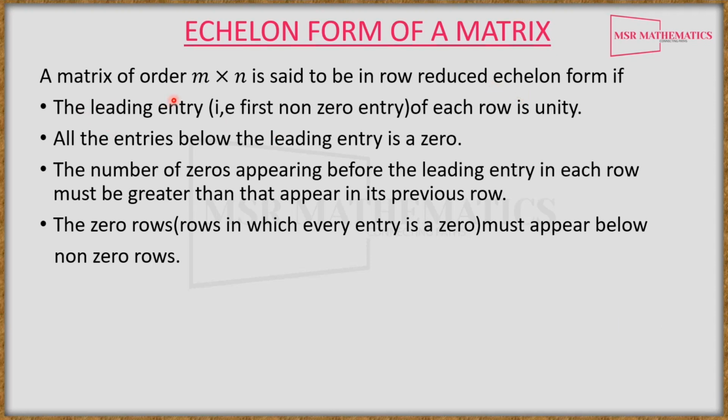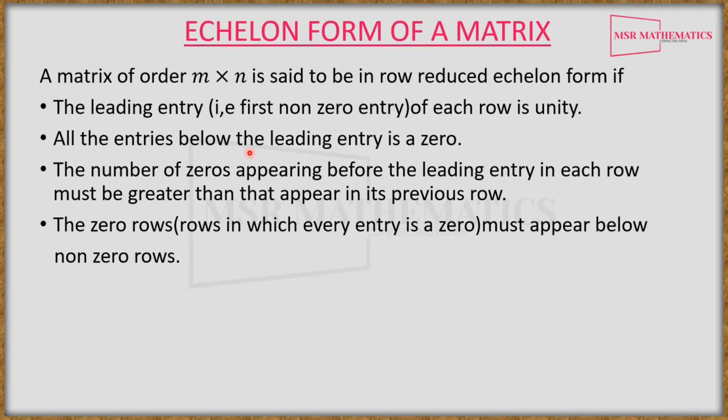A matrix of order m cross n is said to be in row reduced echelon form. Here they will give one matrix, and we have to obtain it in row reduced echelon form. That means the first step is that the leading entry, which is the first non-zero entry of each row, is unity. Unity is nothing but 1.